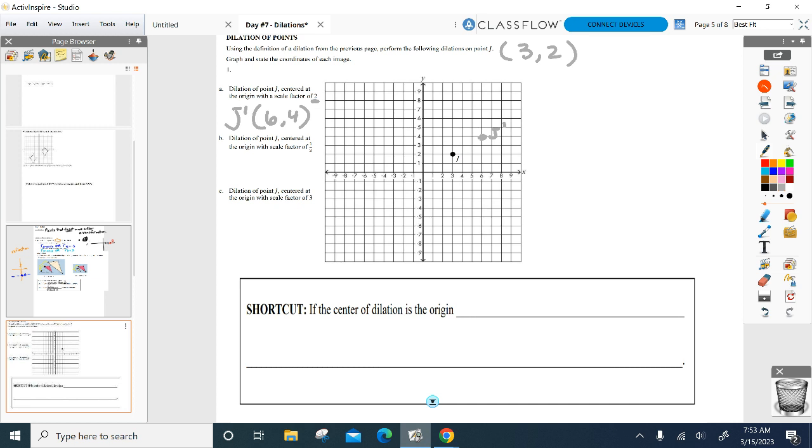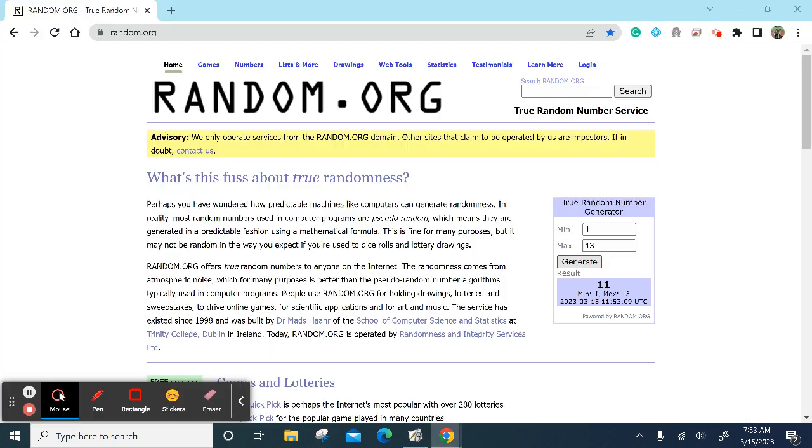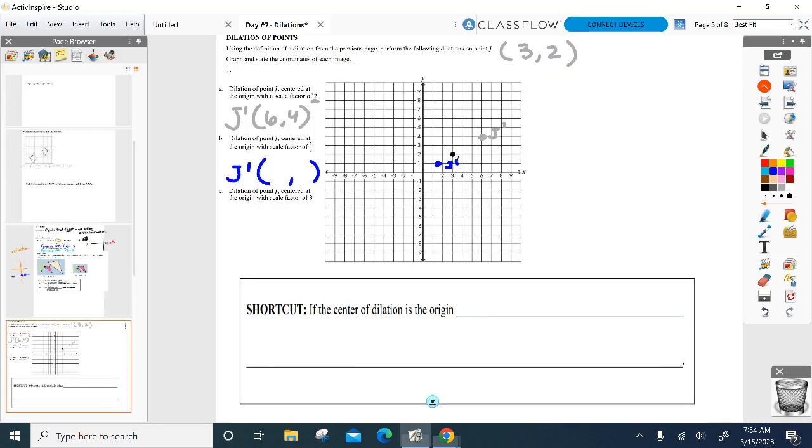So we're going to go up 1, over 1.5. There's J prime there. And what would that new coordinate be now when I dilate it by 1/2? (1.5, 1). Good work.